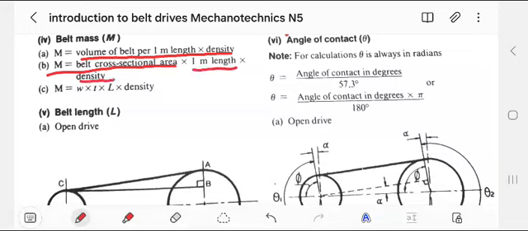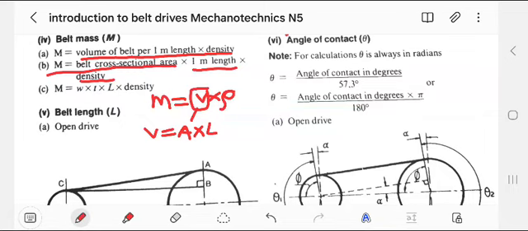If you want the mass of the belt, it must be equal to volume multiplied by the density. But we know volume is equal to area multiplied by length. Remember the volume, right? So we must understand that.